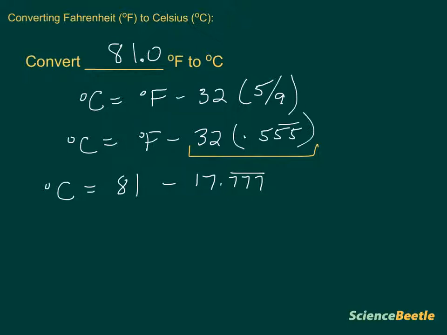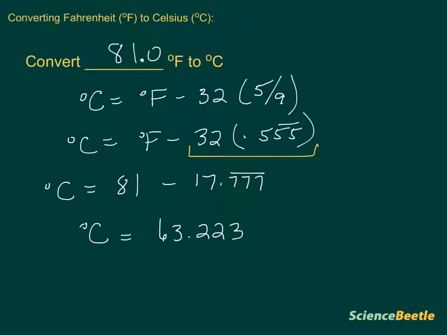Now we take 81, subtract 17.777 from it, and that should give us our final degrees Celsius temperature. And that answer is going to be 63.223. Now keep in mind, we have 3 significant figures in the original problem.